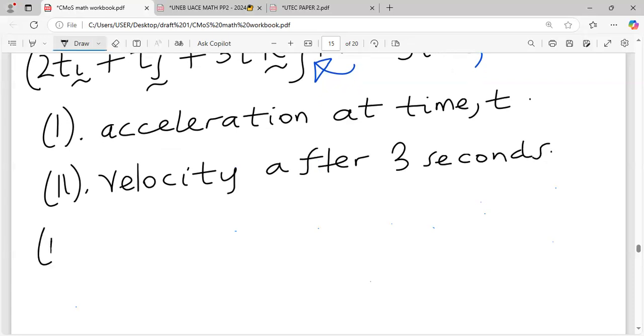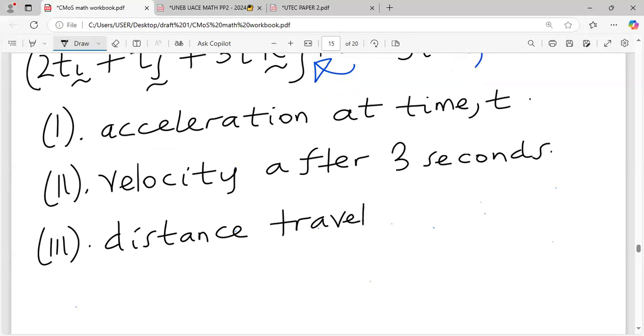Then third, they're asking for distance traveled after 3 seconds. But you know, we don't have a relationship between distance and velocity. The relationship is between velocity and displacement. But you also know that distance is a magnitude of displacement.